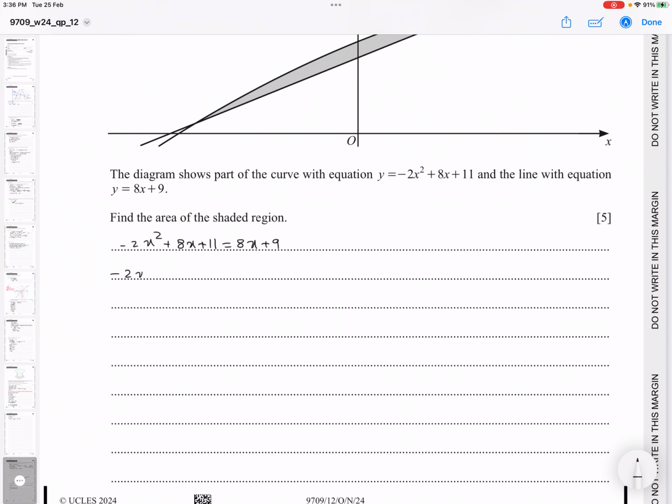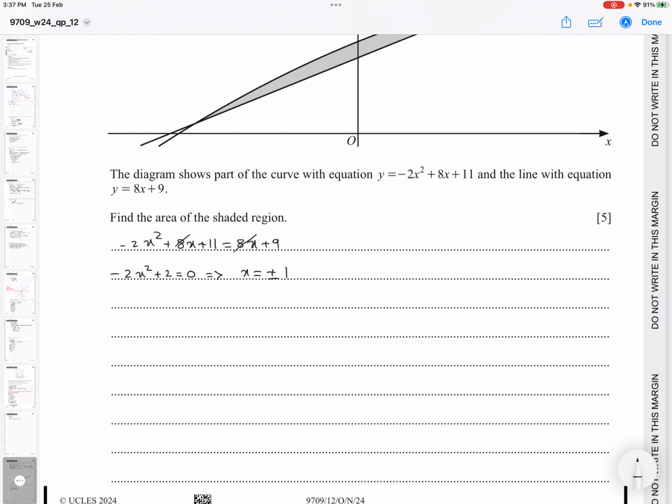Now minus 2x squared plus this 8x and 8x gone, 11 minus 9 makes 2 equals 0. So from here your x is plus minus 1. It means one x is negative 1 and the other x is positive 1.